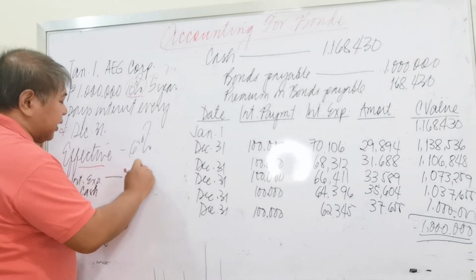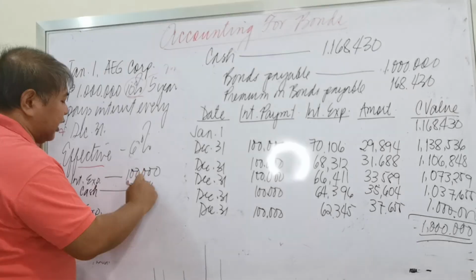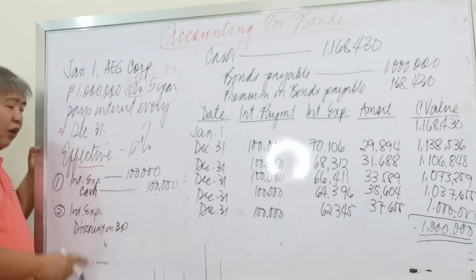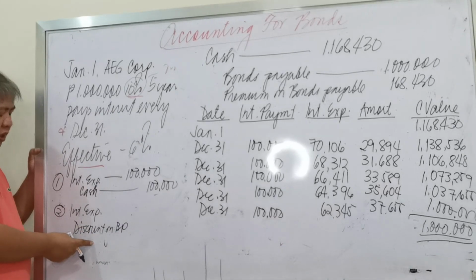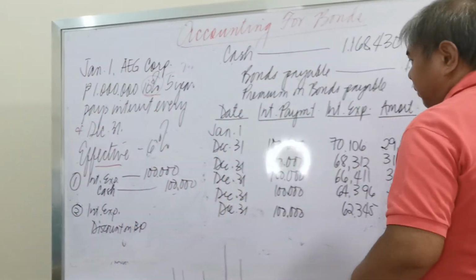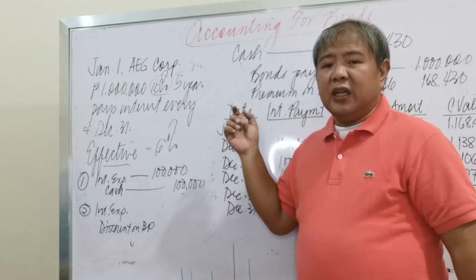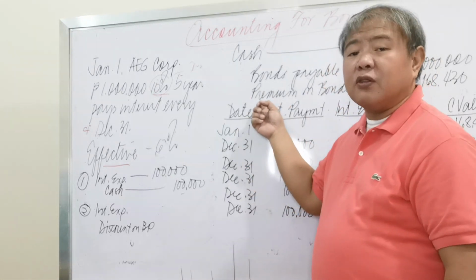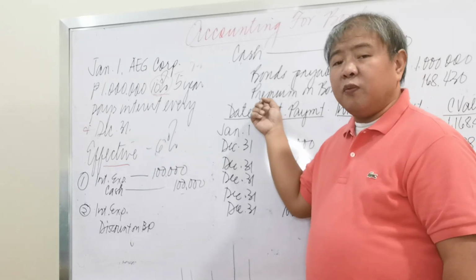So debit interest expense for 100,000 and credit cash for 100,000. Right? Now, this time, if you look at the amortization, remember that the premium has a normal credit balance. It's added to the liability. So in order for us to take this out from the books of accounts, we have to debit the premium on bonds payable.